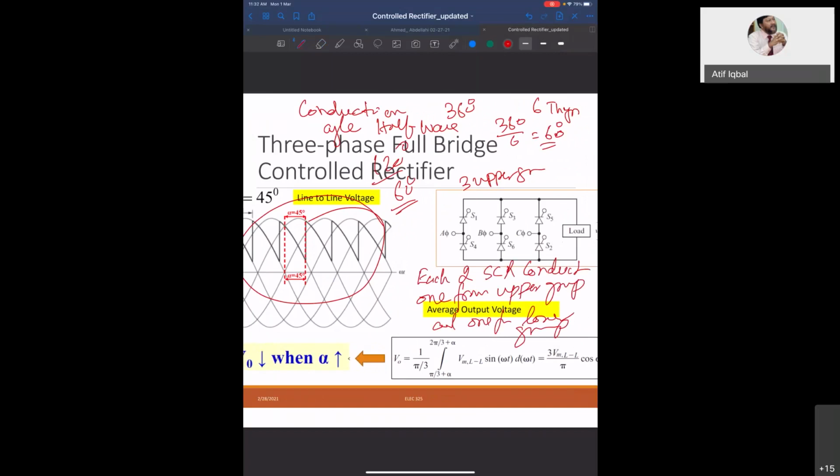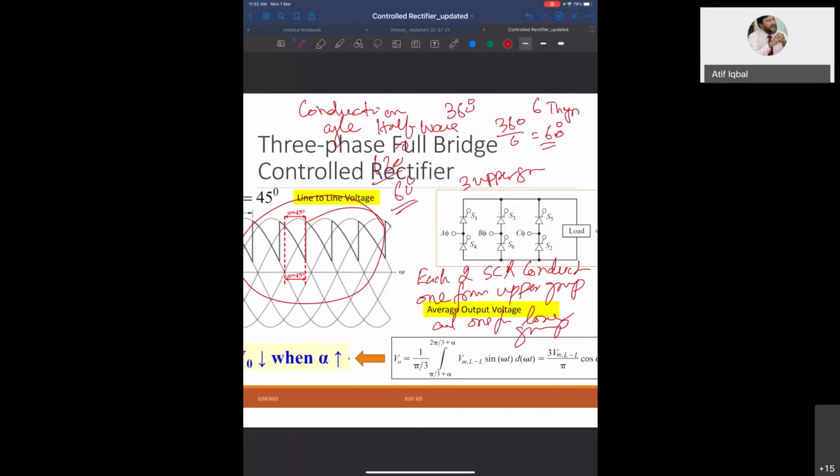And what is the angle for which they will conduct? They will conduct for 60 degree. Each one will conduct for 60 degree, and at any instant of time, there will be 2 thyristors conducting, one from the upper group and one from the lower group.